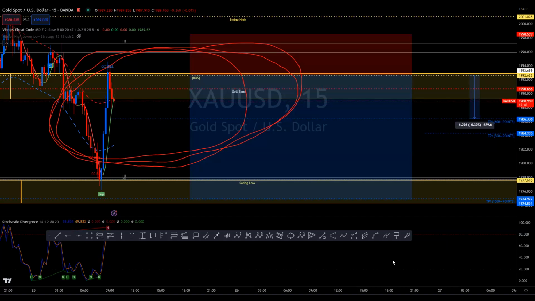With the doji, definitely got to sit on your hands and wait. We got less than 13 minutes before the next candle closes. It's definitely up there.